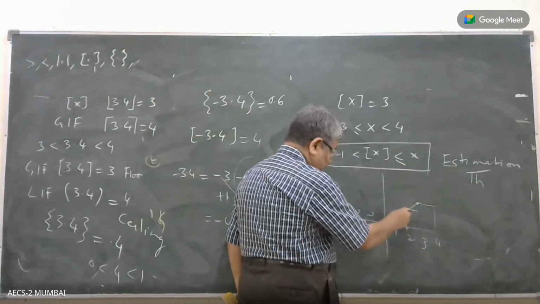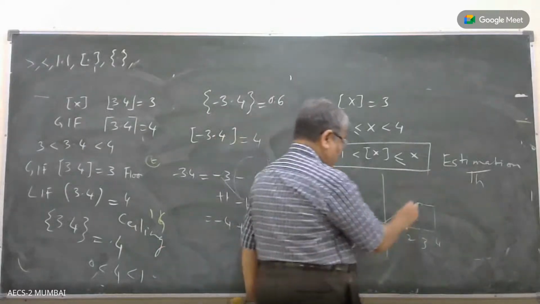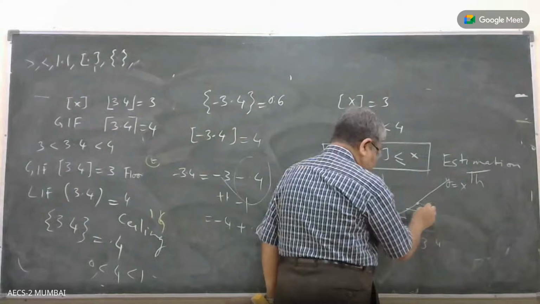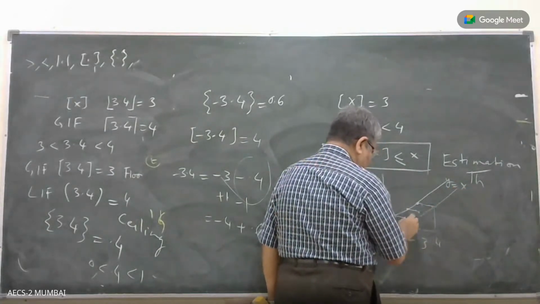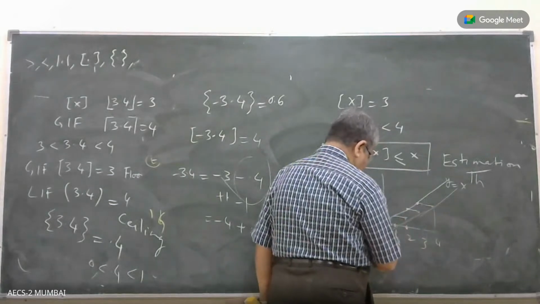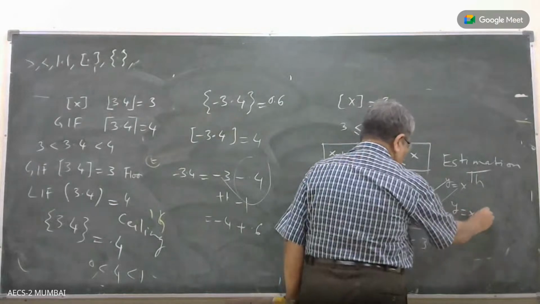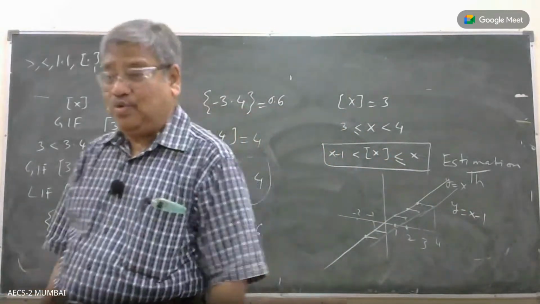And if you join these dots, this line is y equal to x. And if you join these holes, this line is y equal to x minus 1. That means this whole staircase function lies between these two lines.